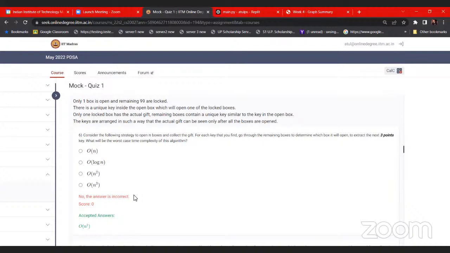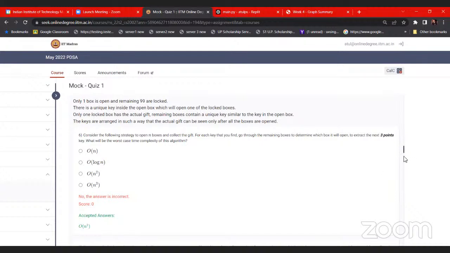So we are doing n-1 iterations for one box. Likewise, we are doing for box 2.